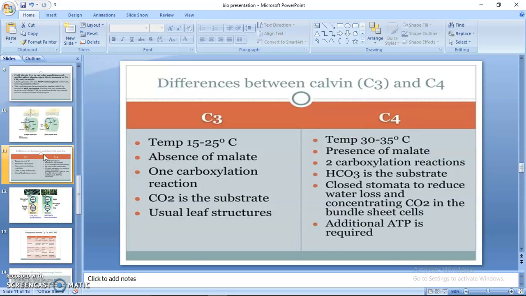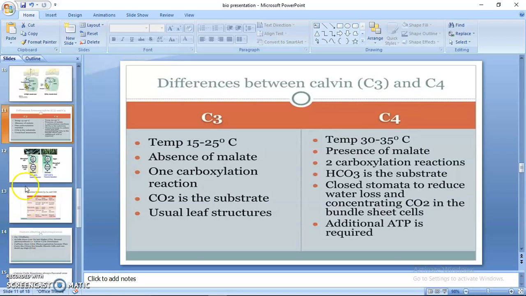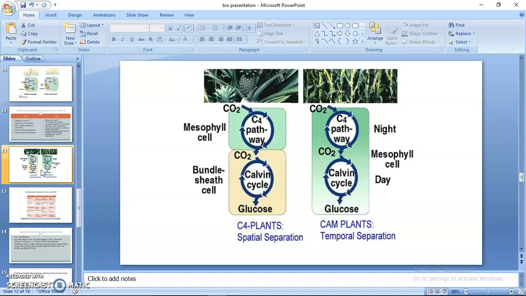CO2 is the substrate in C3, whereas in C4 the substrate is bicarbonate. C4 closes stomata to reduce the water loss and concentrates carbon dioxide in the bundle sheath cells. In C3, the leaf structure is normal and same as in other leaves. Additional ATP is required in C4. So this is the C4 and CAM plants difference.